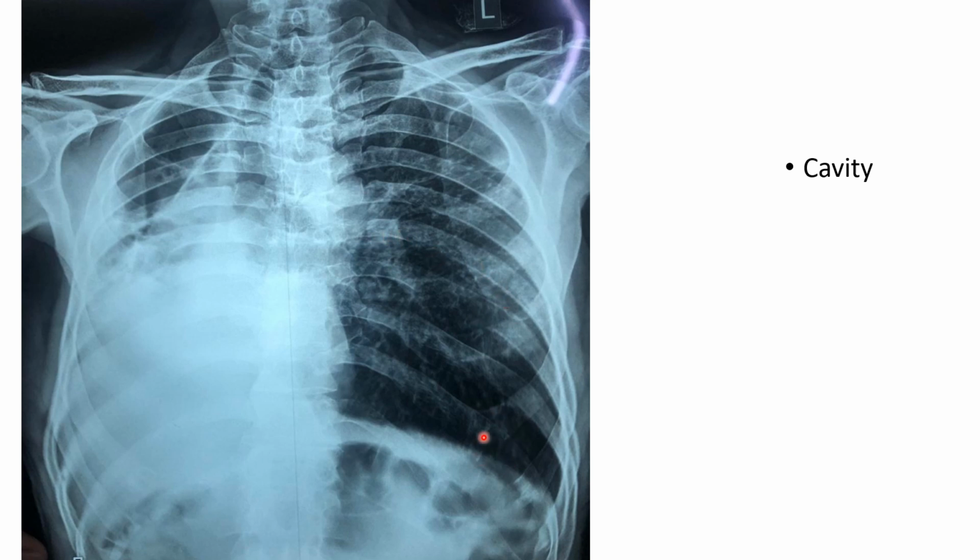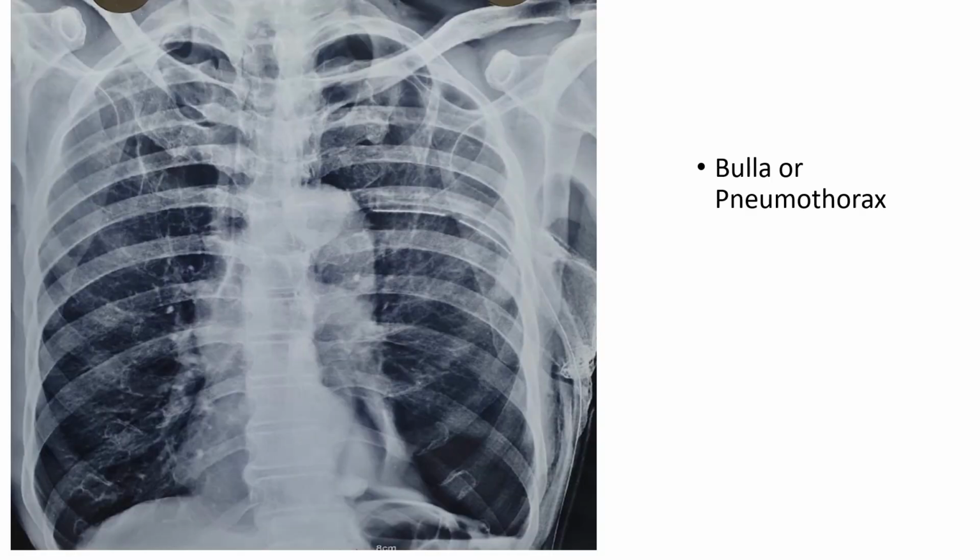So the heart shadow should come somewhere like this, but it's all the way shifted to this side. So there is volume reduction here. So it's a fibrocavity, and the trachea is shifted. It's a large cavity, so never mistake this sort of large cavity for pneumothorax, and never put ICDs in these cases, right? So when it is a cavity, you have to be very careful. When in doubt, do a CT scan.